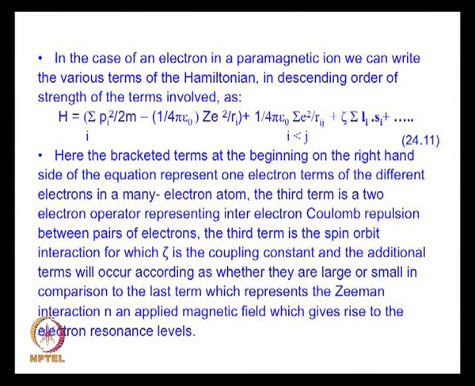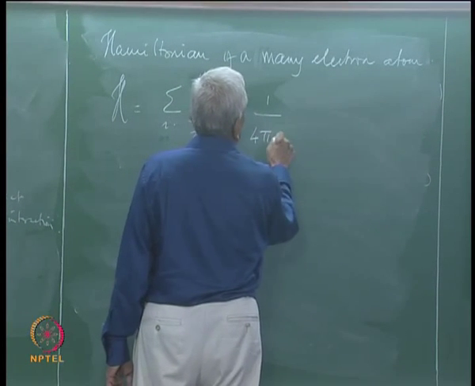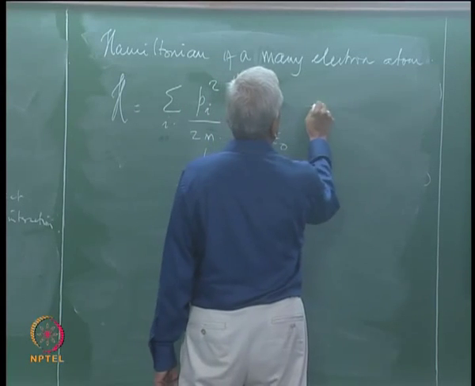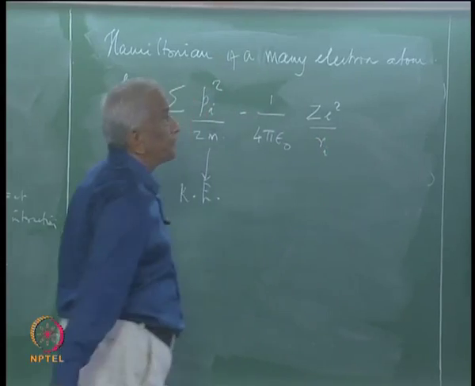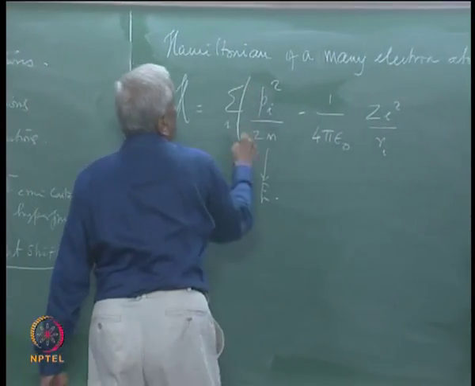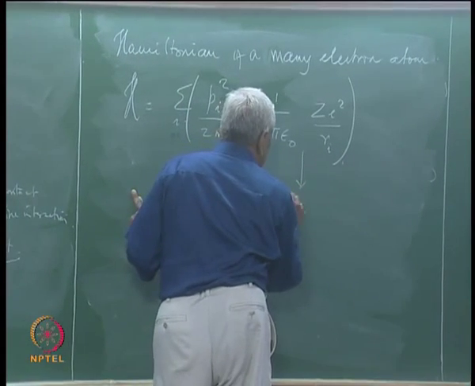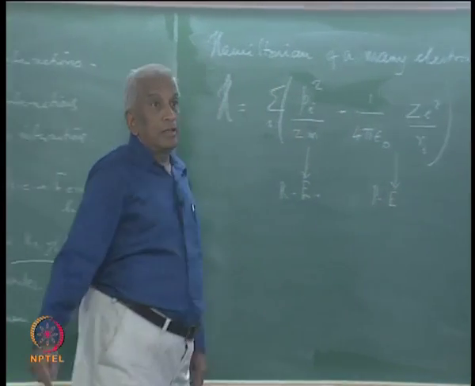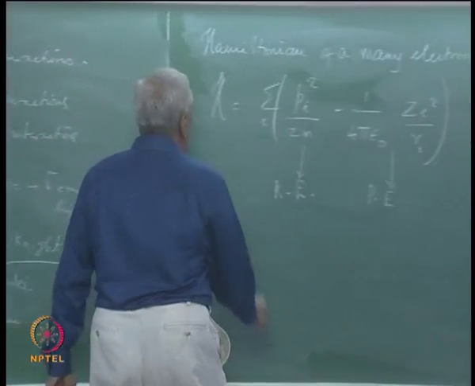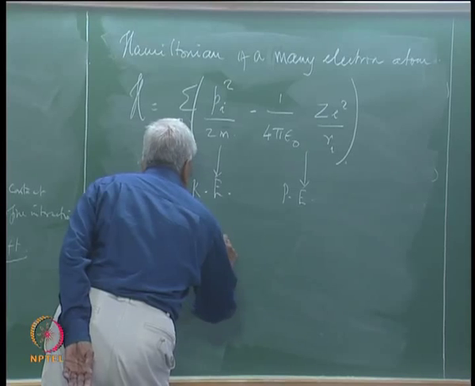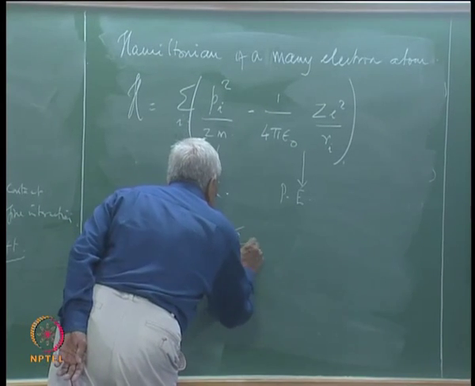Then we have the Coulomb attraction between the nucleus and the electron. So, the first is the kinetic energy, and this is the Coulomb potential energy of the electron in the presence of the nucleus. Then you have many electrons, so you have inter-electron repulsion.